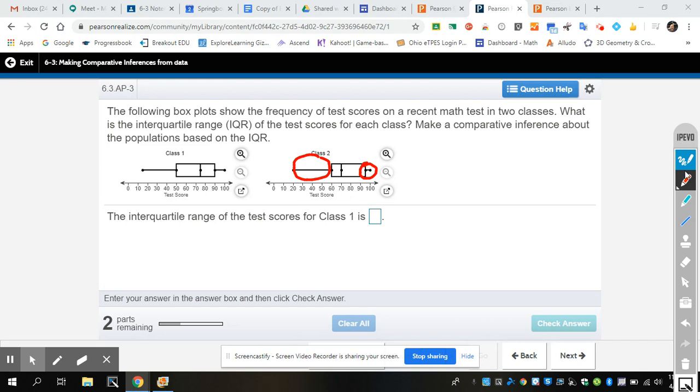So if you've got numbers that range anywhere from, let's say, 70 to 100, and we had a box and whisker that was only this big, then we would say that has less variability because it's spread out less. This one has a greater variability because it's spread out over a larger number line.